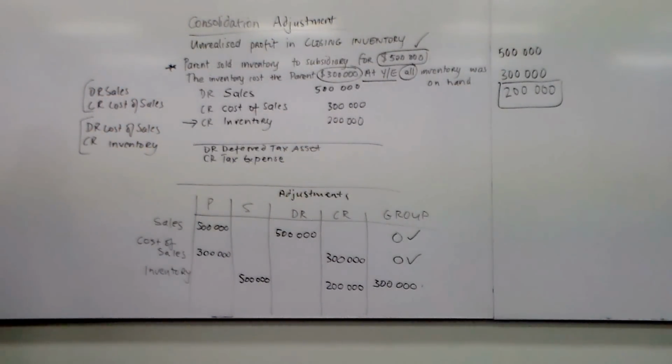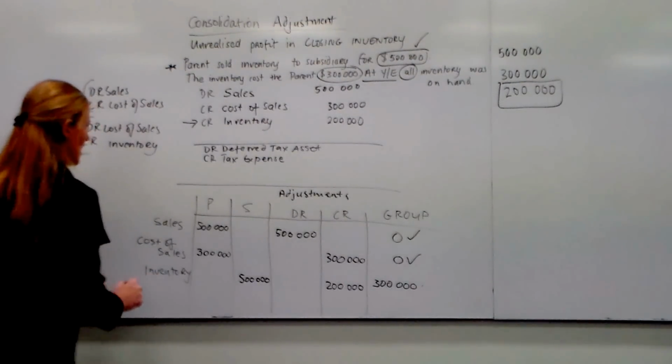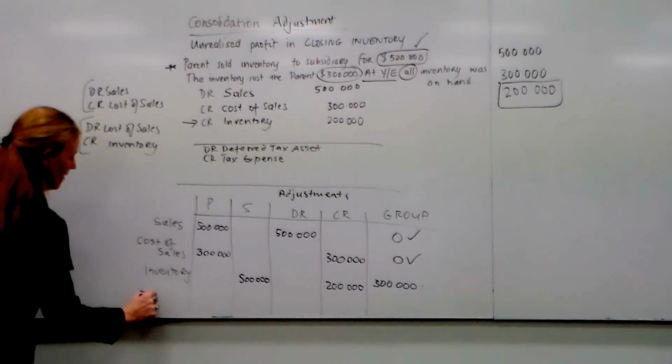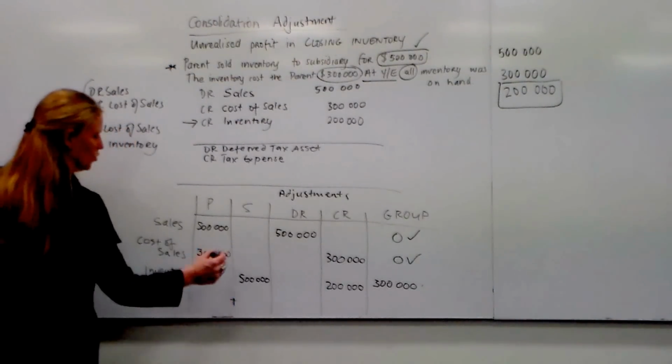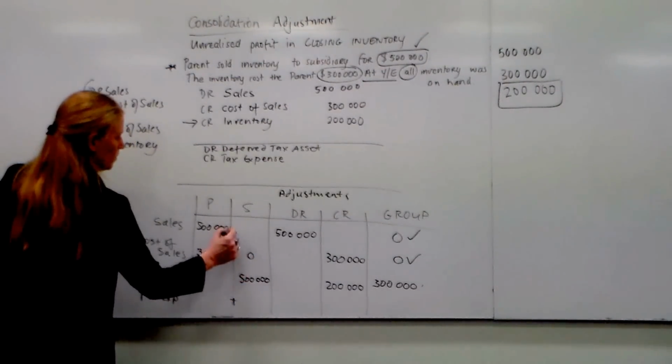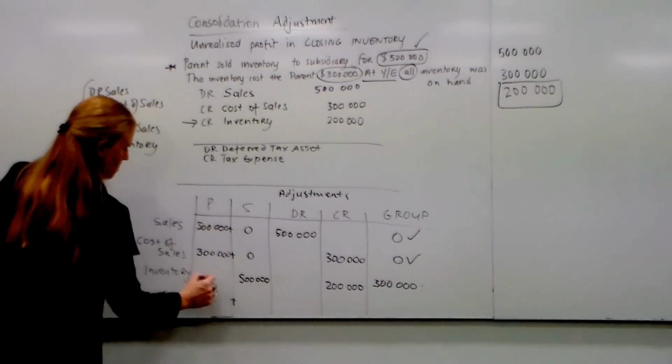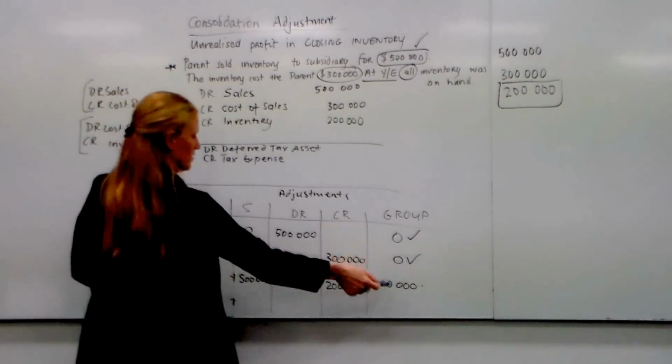The reason is because the parent pays tax in its own individual capacity. The subsidiary pays tax in its own individual capacity. The group simply adds the tax expense, as it normally does, to get the group figures.